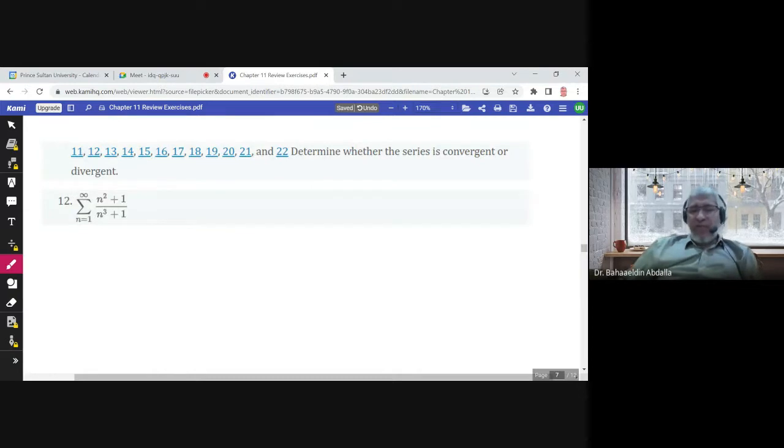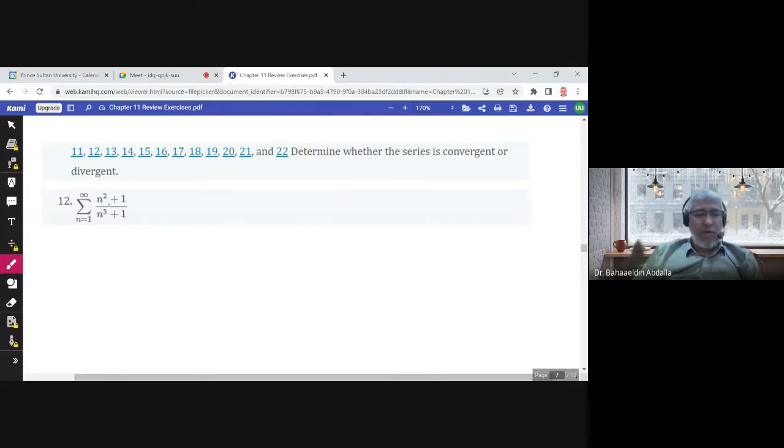And now to the series. Determine whether the series is convergent or divergent. If I find the limit of a_n, I'll find that the limit is 0 because I'll have n squared over n cubed.